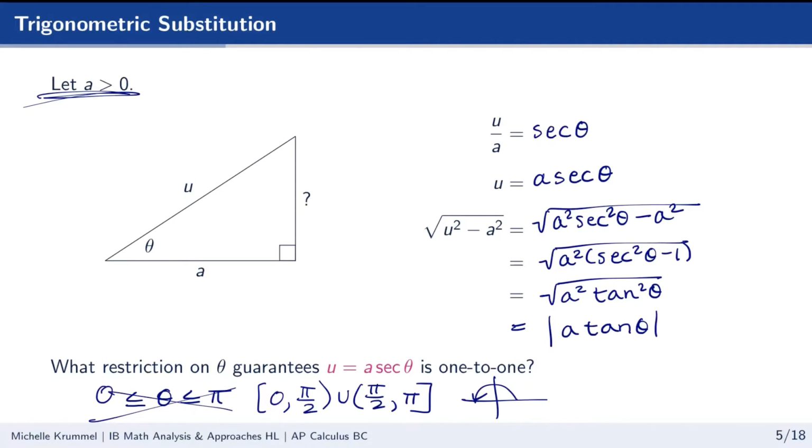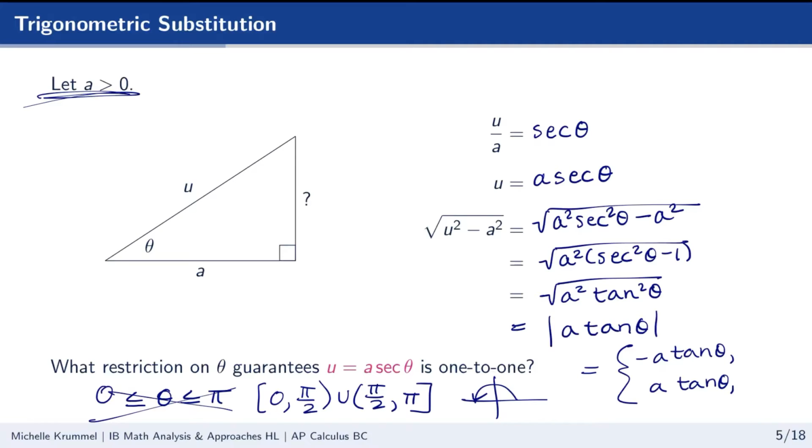And in quadrants 1 and 2, tangent is not always positive or always negative. It depends. So this one ends up being piecewise. It's either equal to negative a tan theta or a tan theta, depending on which quadrant we're in. So we know a is positive already. Tangent is positive in quadrant 1, so this would be a tan theta for quadrant 1.